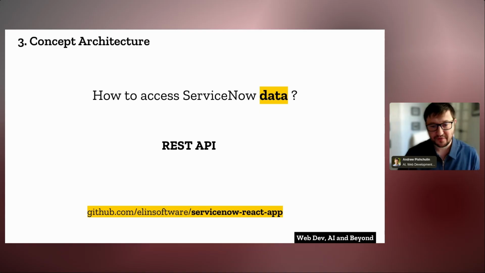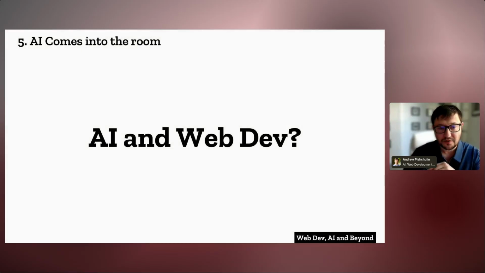And again, just go to that repo and you'll find lots of cool stuff. Now, this session is not just about web development. We also have a notion of artificial intelligence here. So again, you may ask a question: why are we talking about AI and web development, and where is the connection between those two?